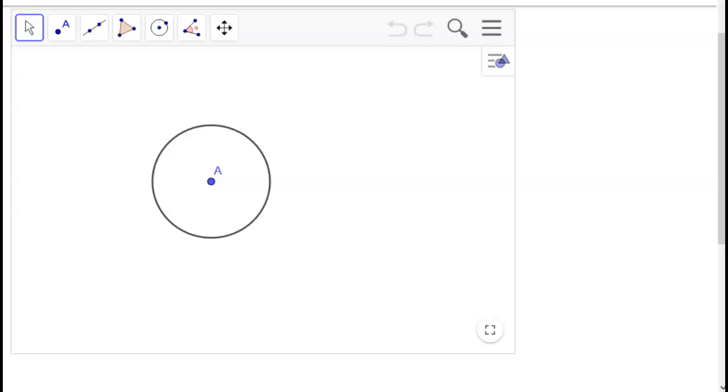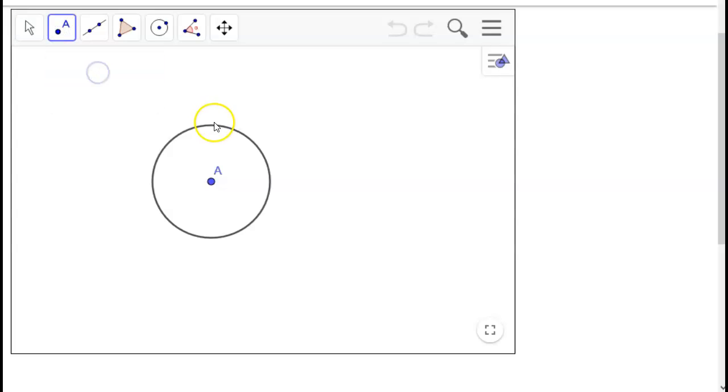So the very first thing that we need to do is start with a point on that circle. And then we are going to create a line. So we're just going to connect those two points, because in between the lines of that circle, that's the segment. That's our diagonal.